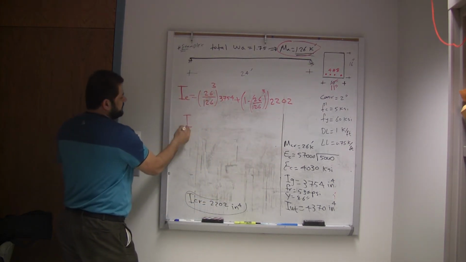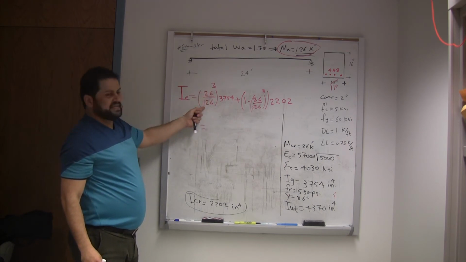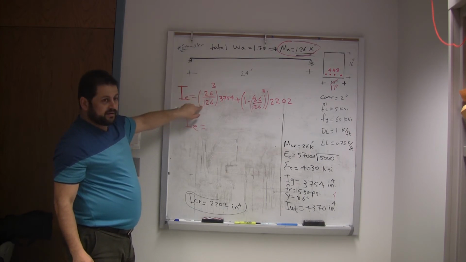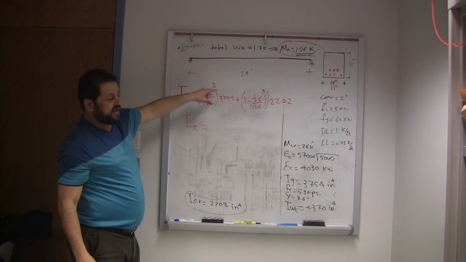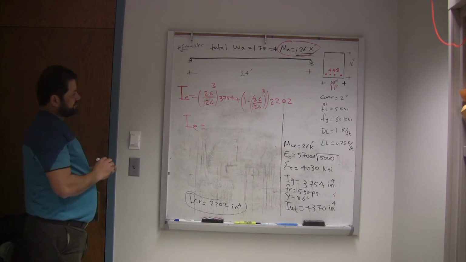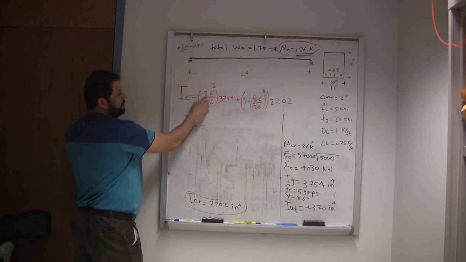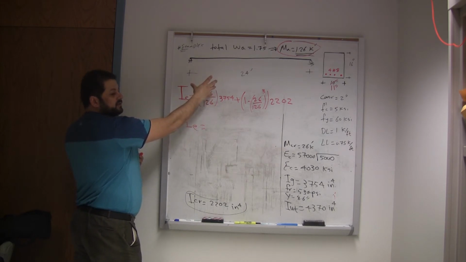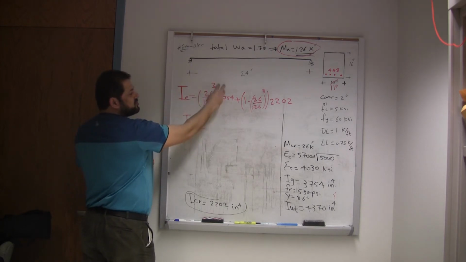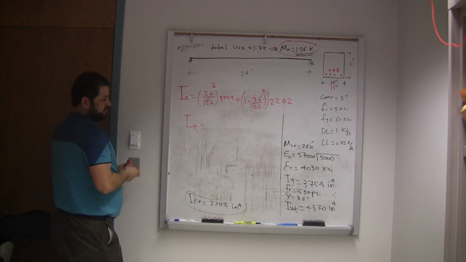This will give you I effective. It's a weighted average. M crack over M a is a factor, cubed. Look, the smaller the value here, the smaller this thing here, and the bigger this. Because if this is a small number, when you cube it, when you multiply it by itself 3 times, it becomes a very small number. So it's basically taking almost nothing from this. All it's taking is this. So it's 2215.